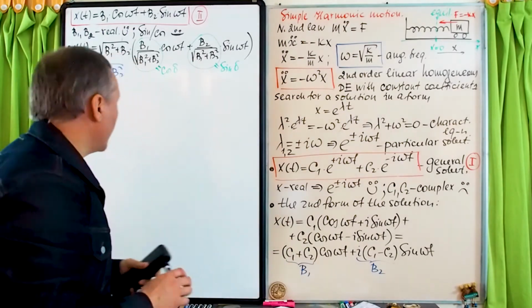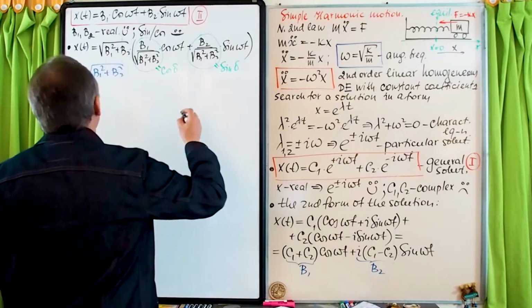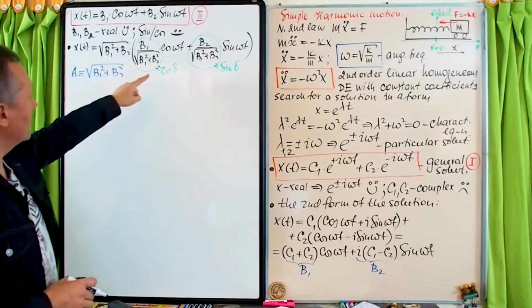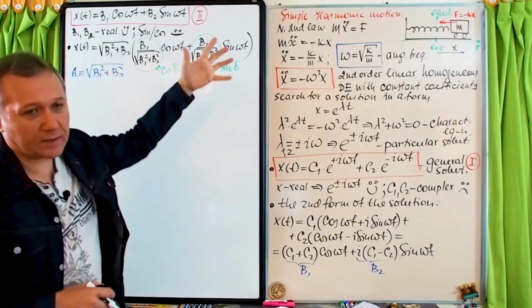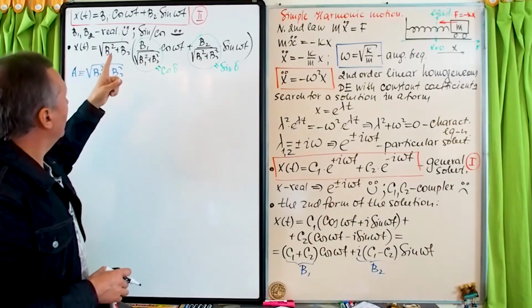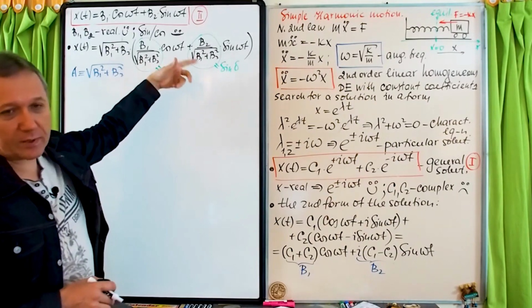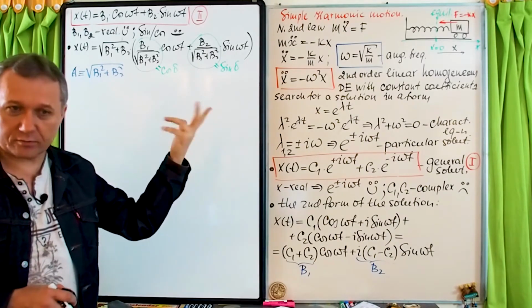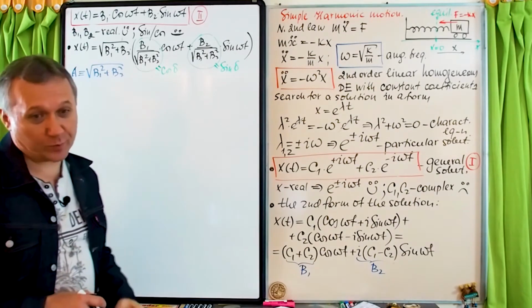So as a result, we're getting, I don't want to rewrite it, just cosine cosine plus sine sine. It's a cosine of delta minus omega t or omega t minus delta, because cosine is an even function, so we can flip terms inside.